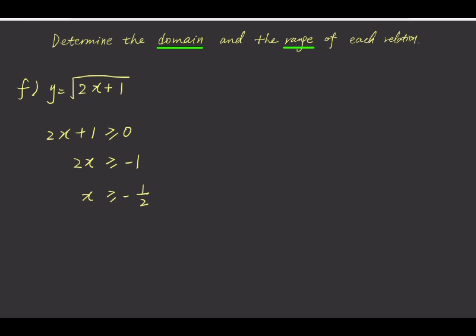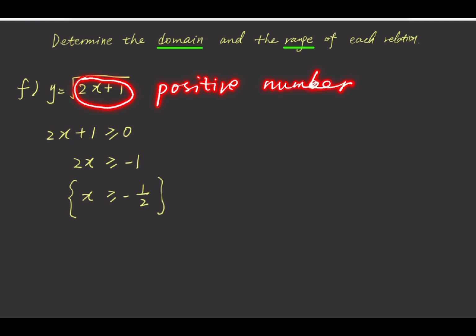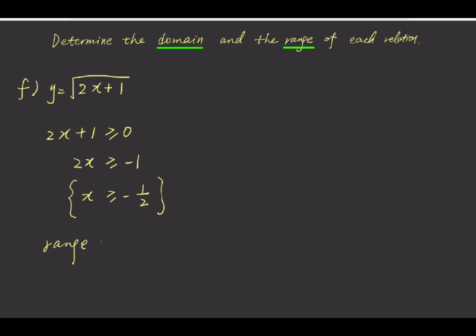This is the domain. And for any non-negative number, its square root is non-negative. So the range: y must be greater than or equal to 0. This is the range for this relation.